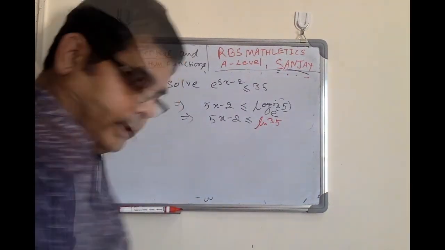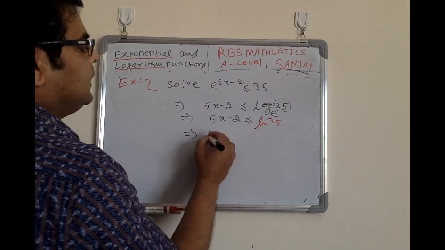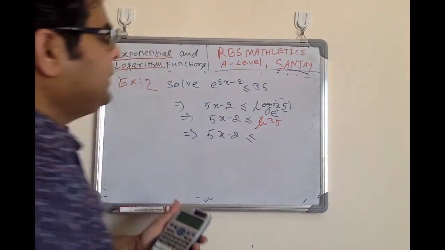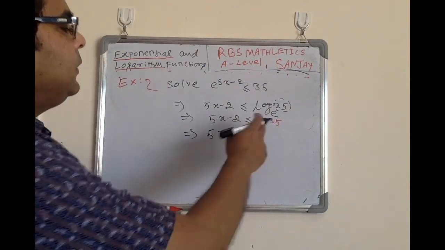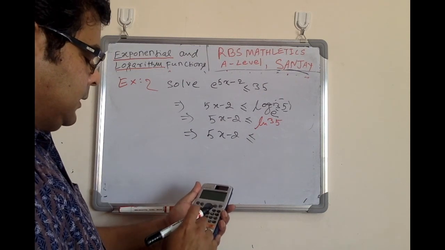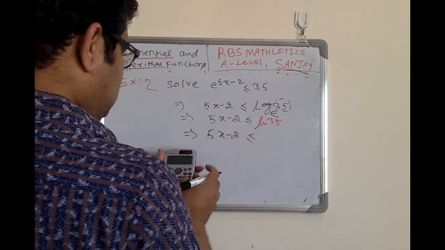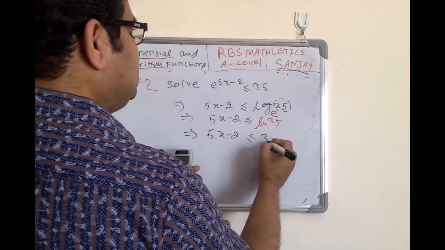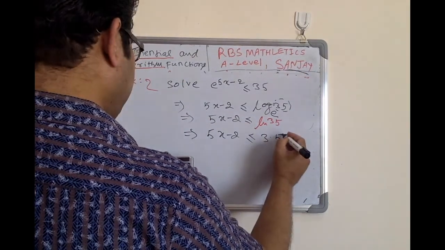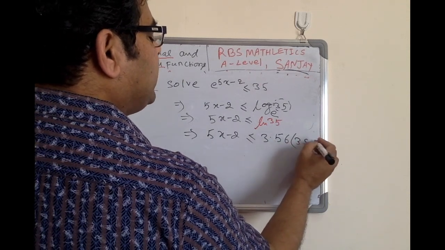After that, I'll use the calculator again. So first of all, let's write 5x minus 2 is less than or equal to ln of 35, and in the calculator my answer is 3.56 if I express it up to 3 significant figures.